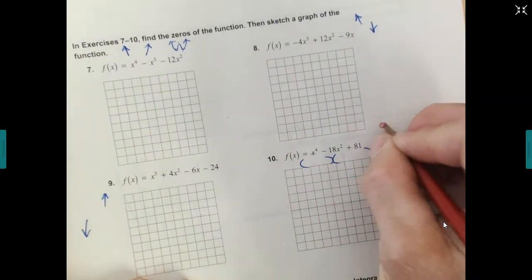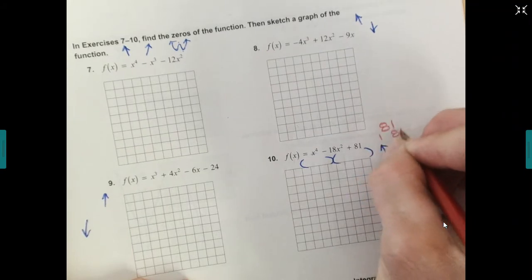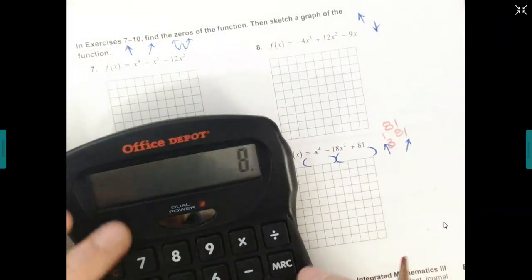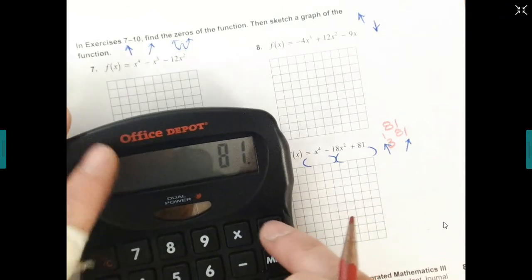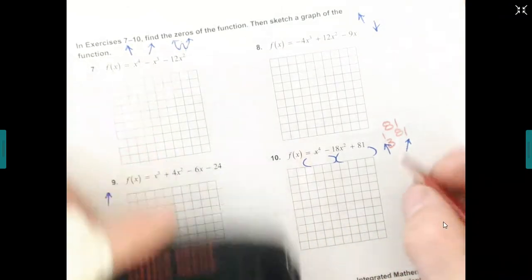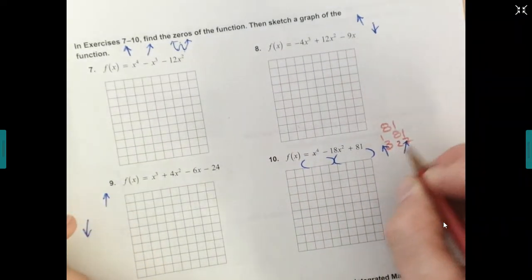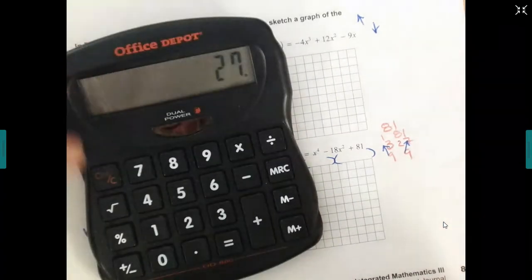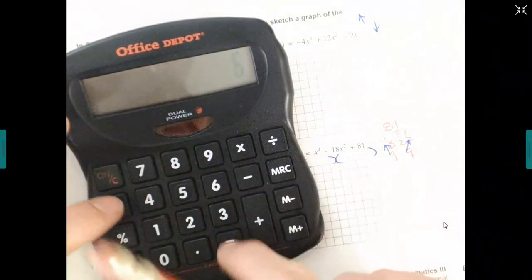Take my 81, get 1, 81, 2, 3. Where's my calculator? 81 divided by 3. Oh, that's 27, right? Yes. 3, 27, 4, 5, 6, 7, 8, 9. Is 81 divisible by 6? Nope.